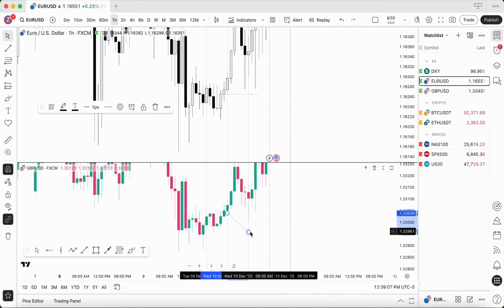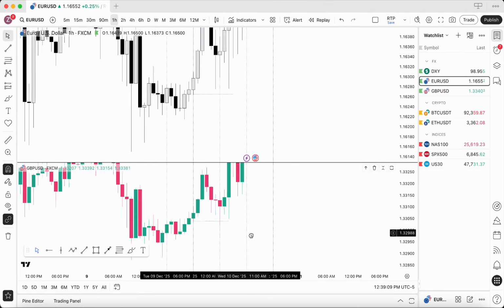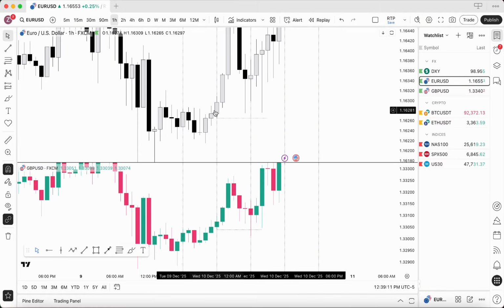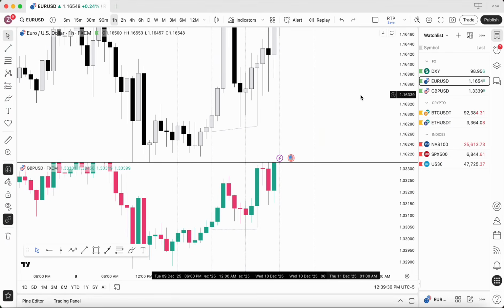But in this case, see how Q2 was purged with the opening of Q3, which is the 6 a.m. candle. And right now, I will not use my SMT like this. My SMT will still be on the swingest low of the quarter. And right here, it looks like that.